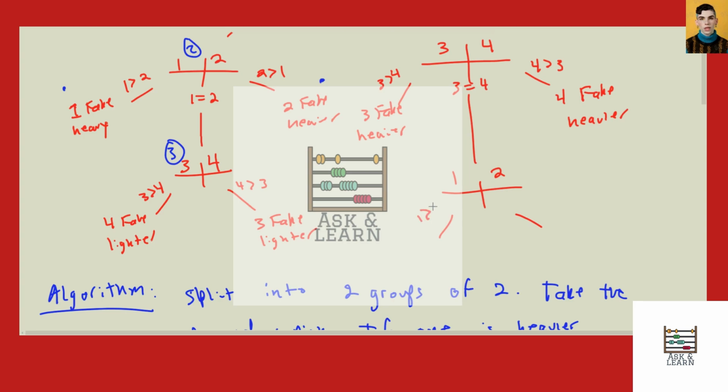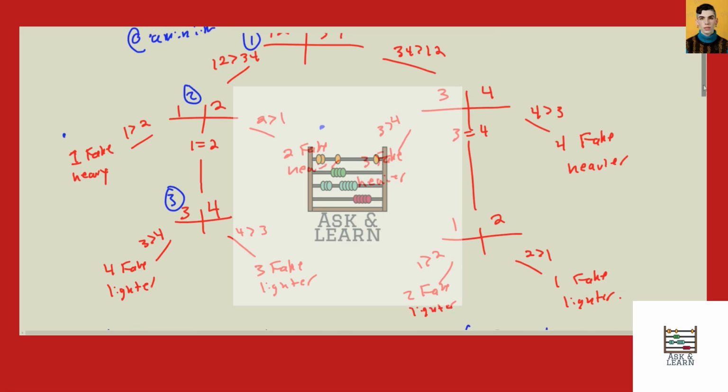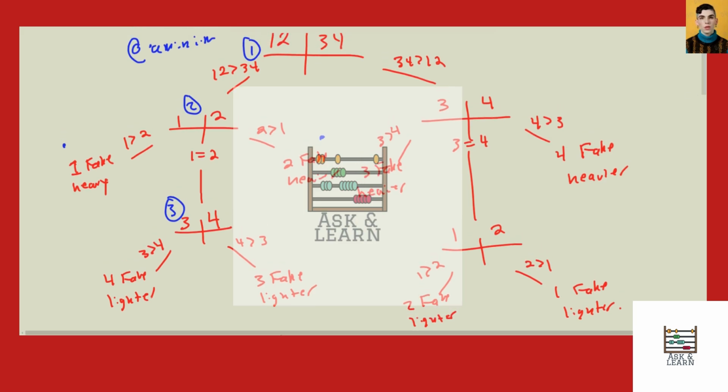So if 1 is greater than 2, that means 2 is fake and lighter. And then over here, if 2 is larger than 1, then that means 1 is fake and it is lighter. All right. So this would be that whole tree for the decisions that we could possibly make.